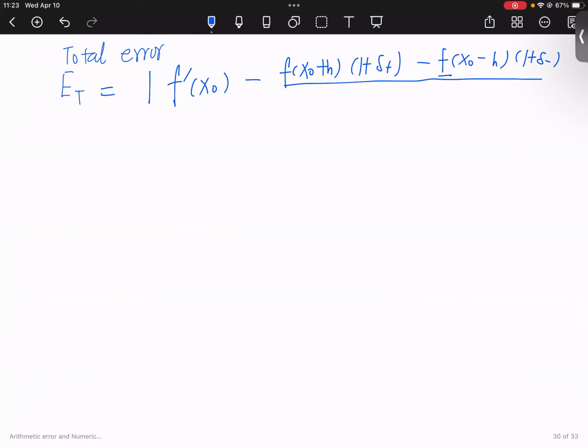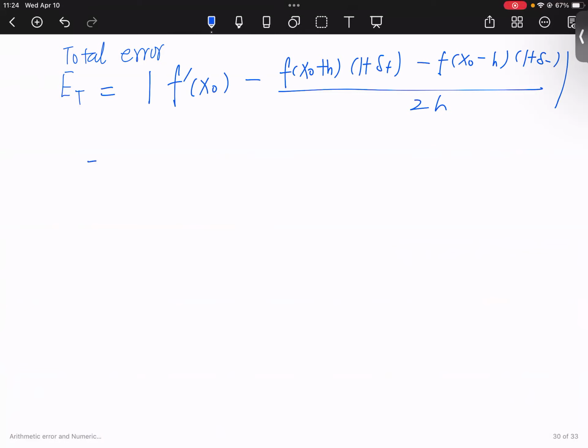And how can we estimate this error? You will see I'm going to add some term into this expression and then subtract the same term from this expression.